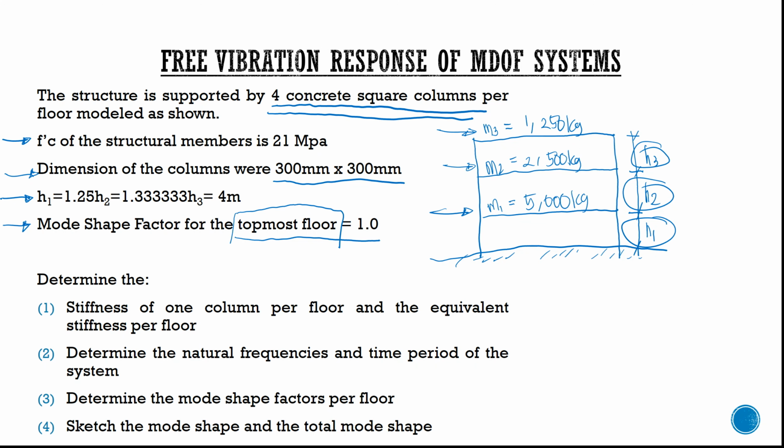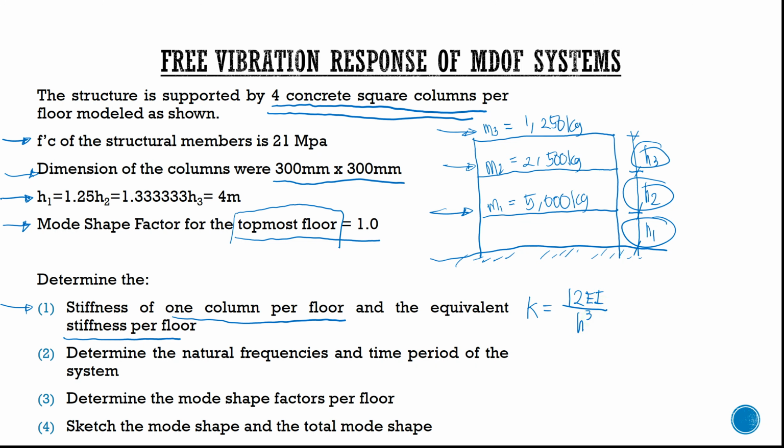Now, you're asked to find the stiffness of one column per floor and an equivalent stiffness per floor. So why are there differing stiffnesses per column per floor? Remember, the equation for the stiffness k is equal to 12EI over H cubed.